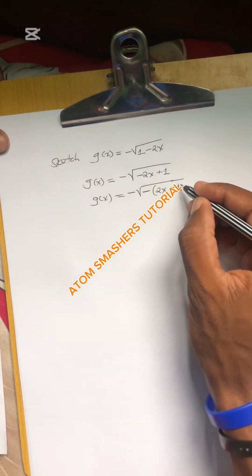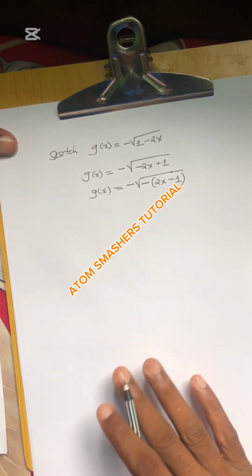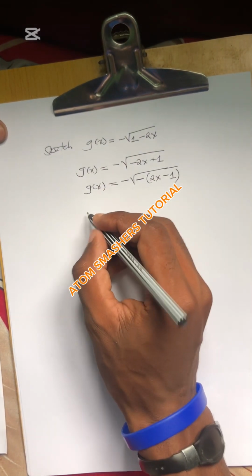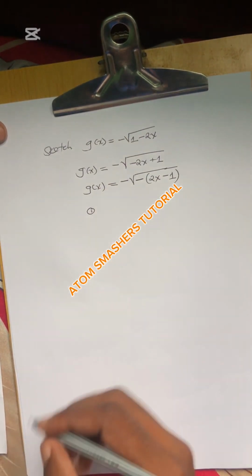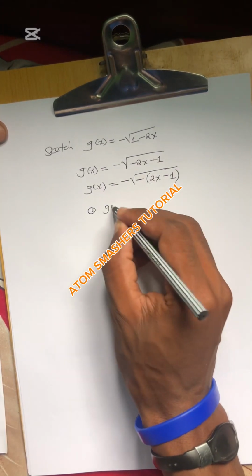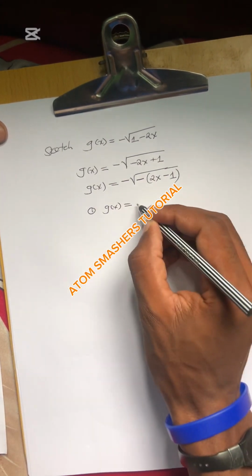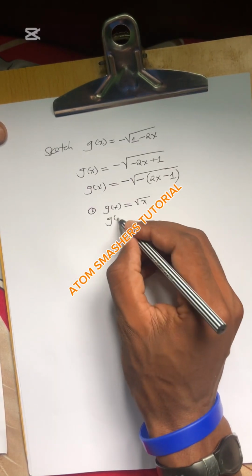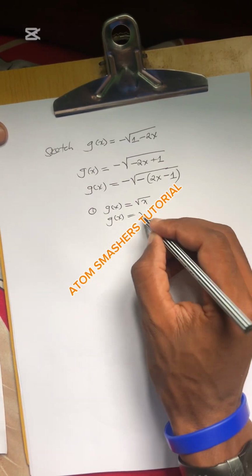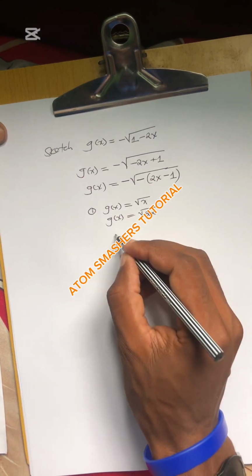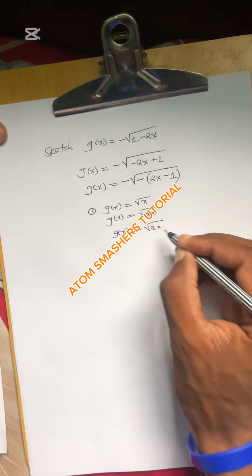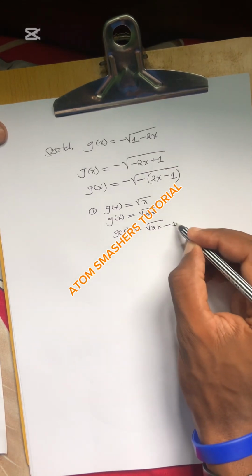Right. So when plotting, first we'll plot g of x, which is equal to the root of x. Then also plot g of x, which will be the root of 2x. Then we'll plot g of x, which is equal to the root of 2x minus 1.